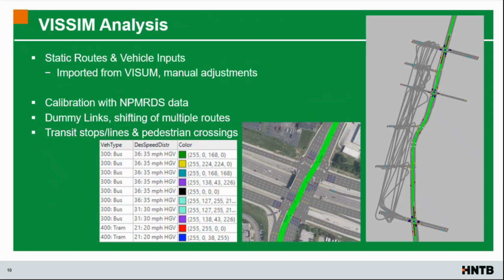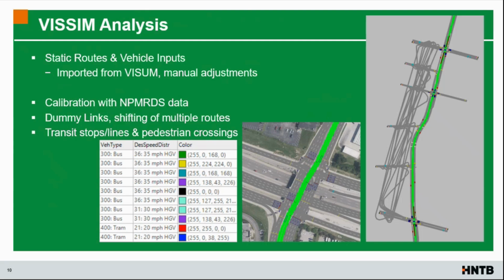We eliminated turns, and at all the signalized intersections, it was protected turns only. So we had to reroute a lot of those vehicles at the unsignalized areas, and it was just easier as far as the Vazoom model goes too.